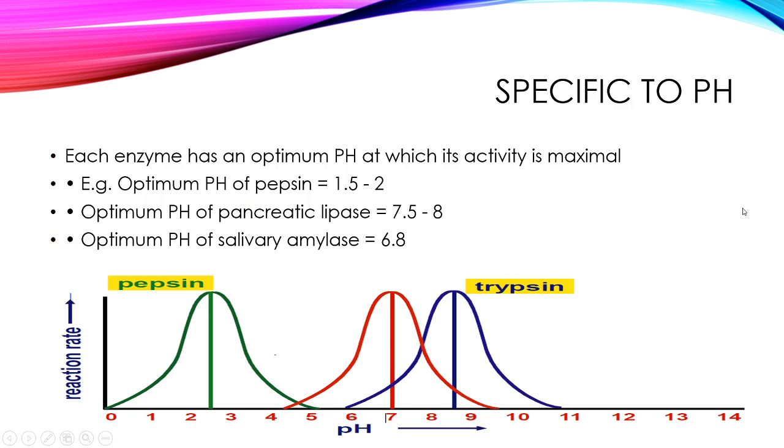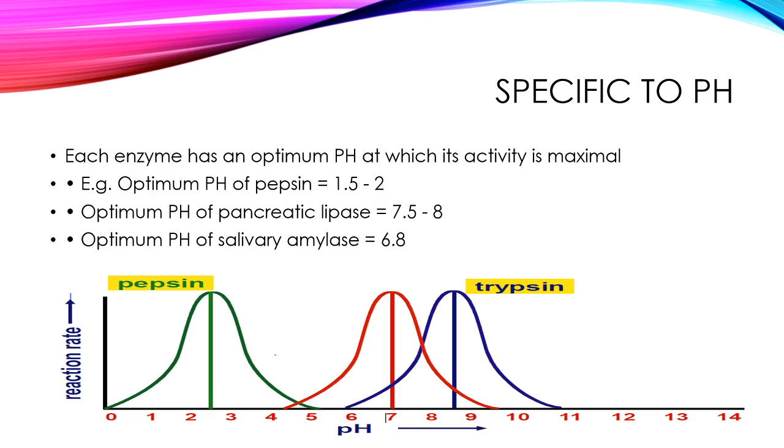Now the effect of pH. Each enzyme has an optimum pH at which its activity is maximal. For example, the optimum pH of pepsin is 1.5 to 2, the optimal pH of pancreatic lipase is 7.5 to 8, and the optimum pH of salivary amylase is 6.8.